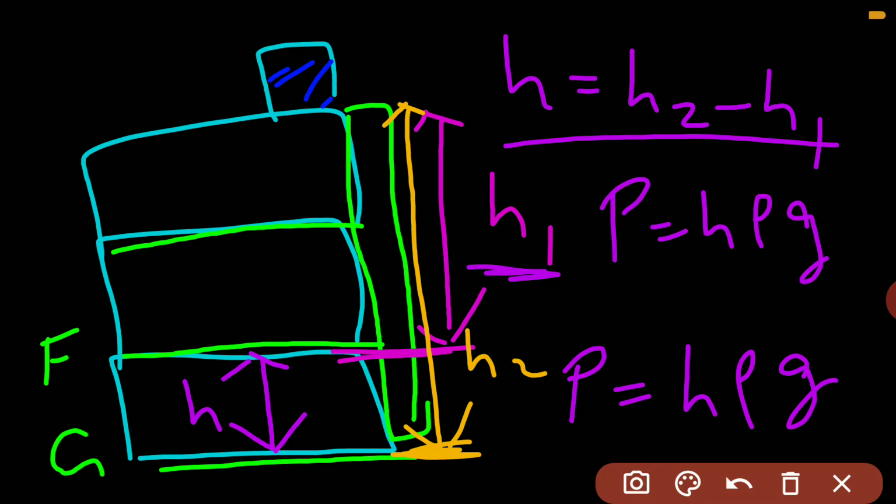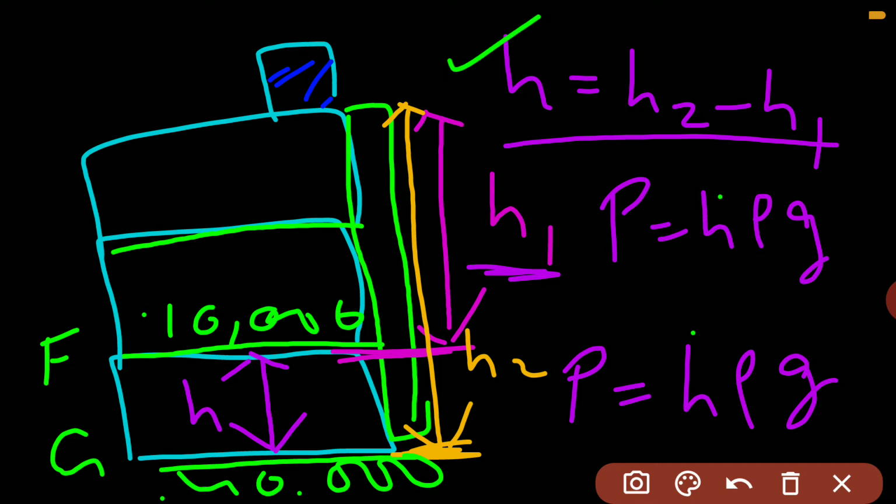The pressure out here is given 10,000, whereas pressure out here is given 40,000, right? So with the help of this pressure here and finding out this height here, I can find the height of the first floor. I hope you understood the question. Let us go to its solution.